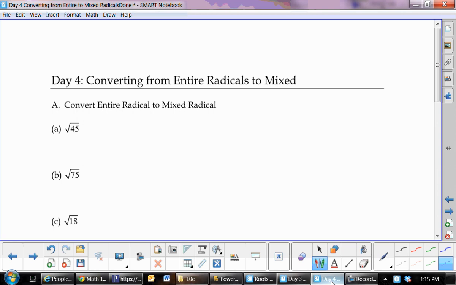So the way you always have to do these, and this is why you need to get good at your perfect squares. Now, can we just list our perfect squares? They are 1, 4, 9, 16, 25.